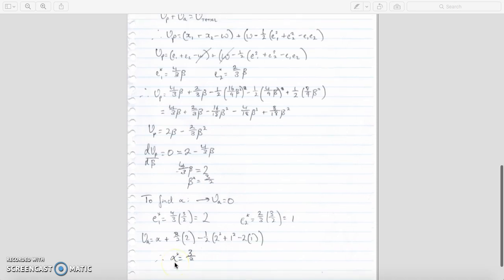And we find that alpha star equals 3 over 2. So this is the optimal amount of alpha, which will make the agent indifferent between choosing whatever the principal is looking to give them or his outside option.